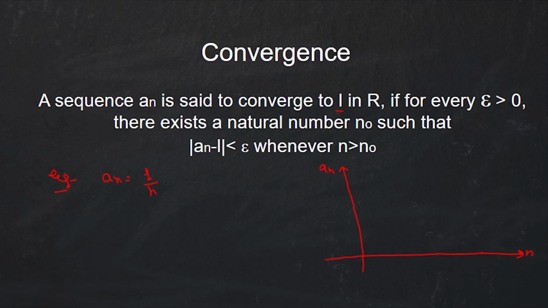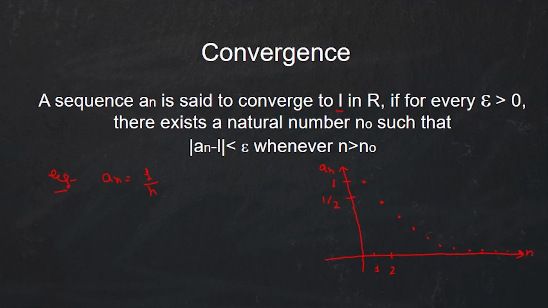Let this be 1, and this is my 1 also. For 2, let it be 1 over 2. The scaling is up to you. Accordingly, 1 over 3, 1 over 4 and so on, right? So finally it will converge to 0 as n tends to infinity, right?